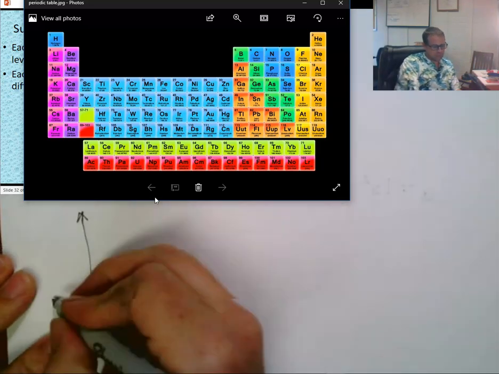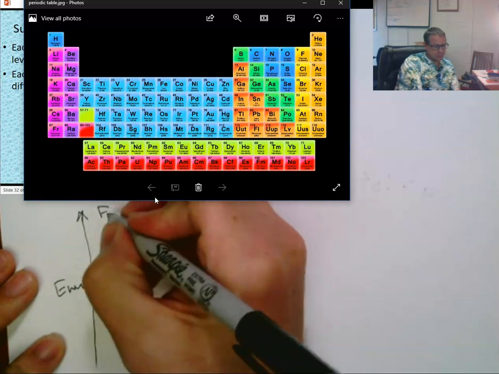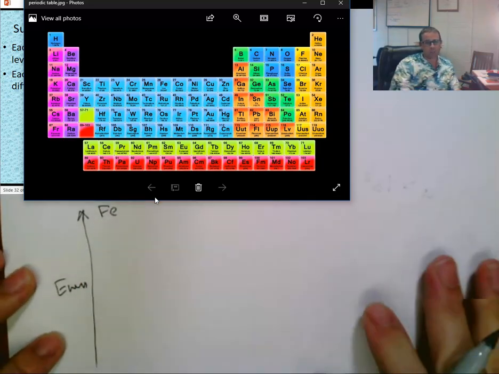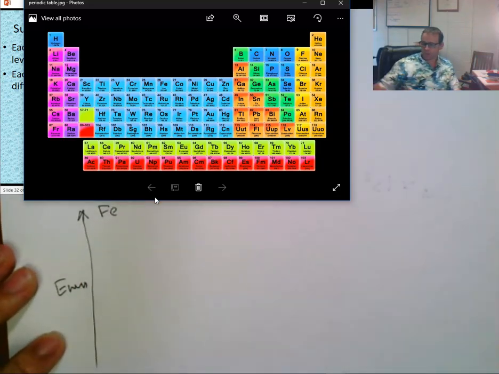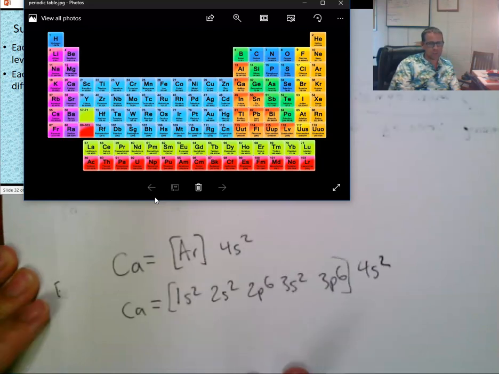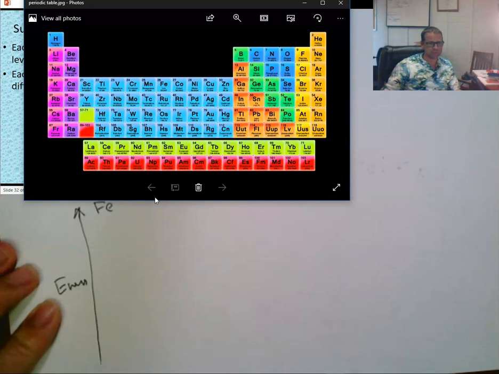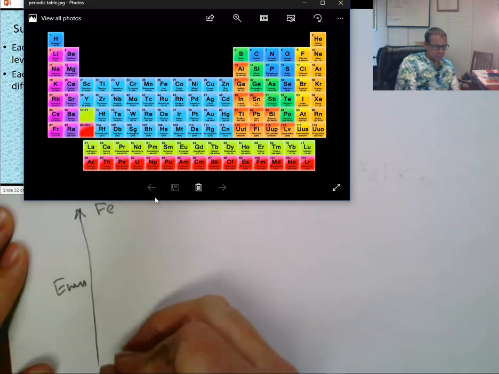So orbital diagram, here's the energy. We're drawing an orbital diagram for iron. I'm going to take a shortcut. The argon core is 1s2, 2s2, 2p6, 3s2, 3p6. Well, maybe I better not take a shortcut on the first one. Here we go. We want no shortcuts.